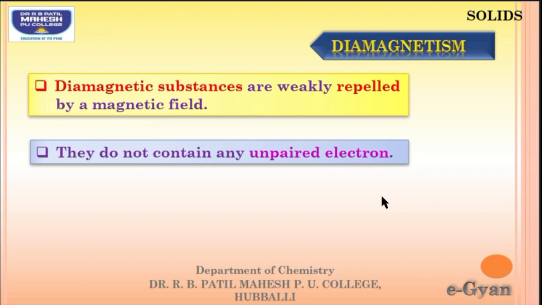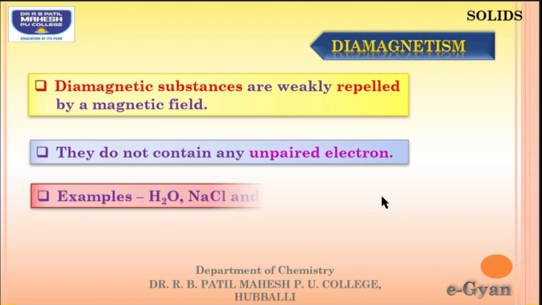That means we have an even number of electrons in the same orbital, so the spins will be balanced. Examples of diamagnetic substances are water, sodium chloride, benzene. Very, very important definition: the substances which are weakly repelled by the magnetic field are known as diamagnetic substances.